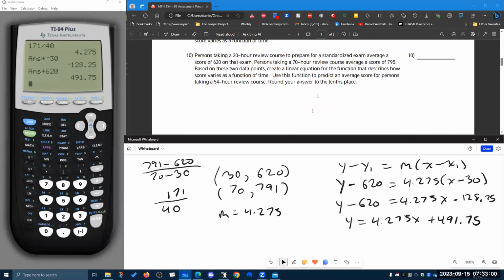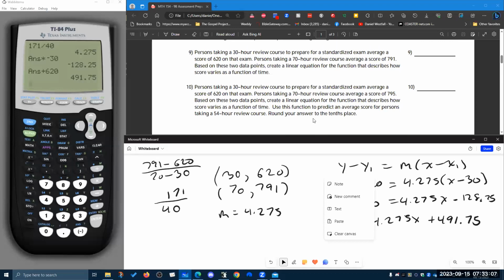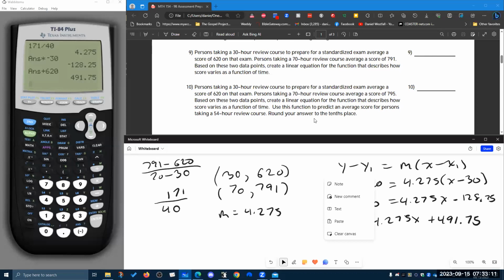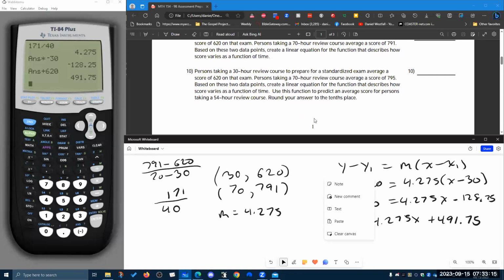And we have another similar equation here. Let's see, these were the same. Oh, nope, they changed this slightly now for the second problem. So they changed this to be 795.